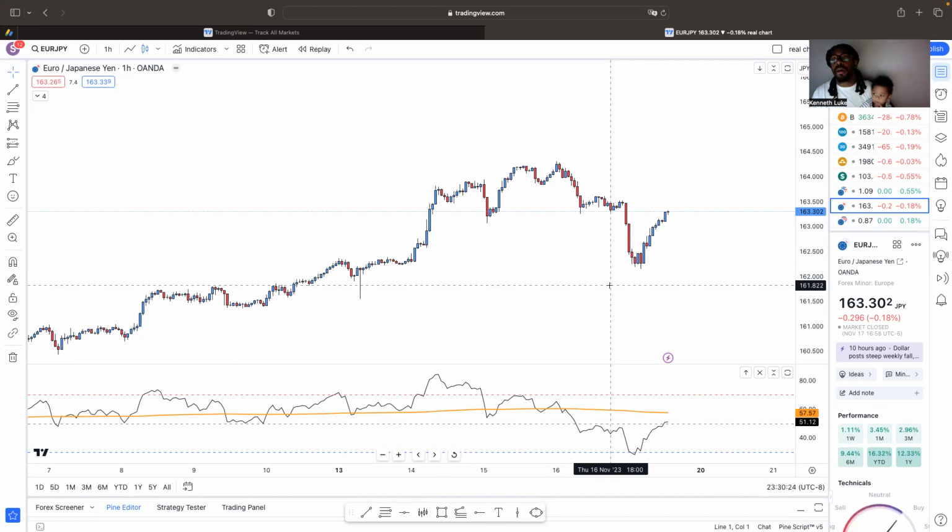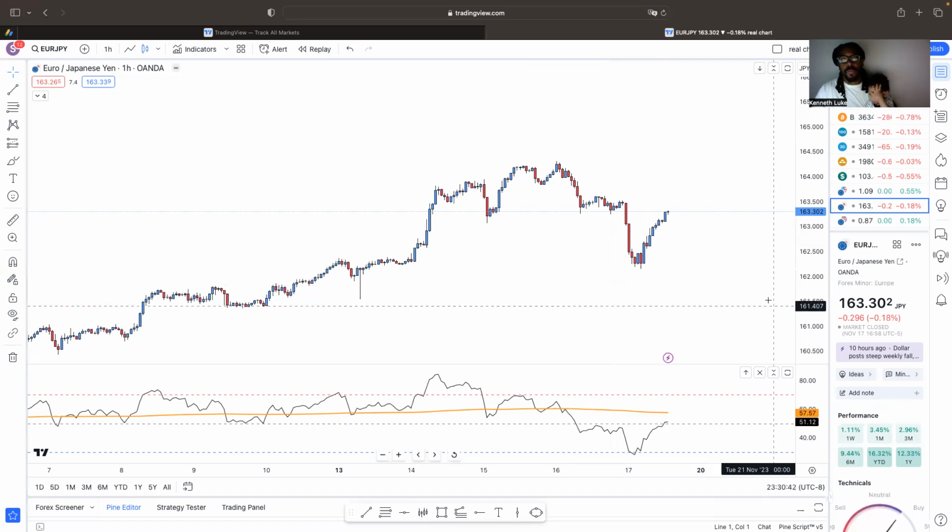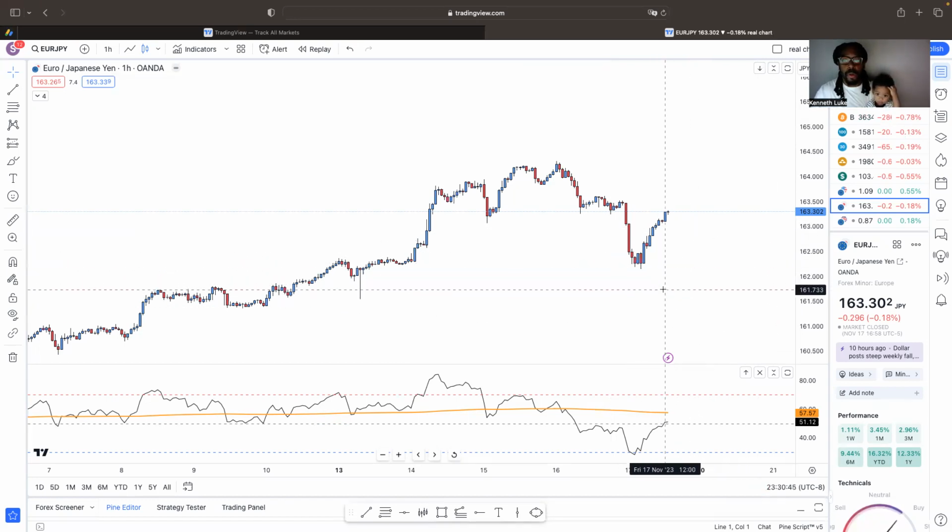That's aggressive sellers stepping into the market and selling off to the buyers. So a demand area is a buying area, and a supply area is a selling area. Let me show you what I look for when I'm looking for a supply area or demand area.